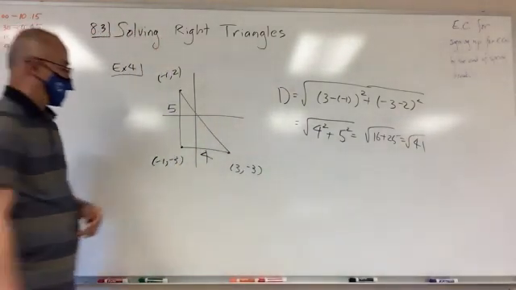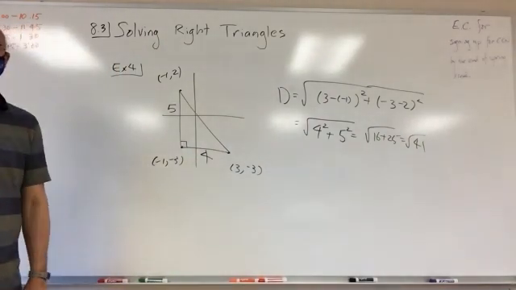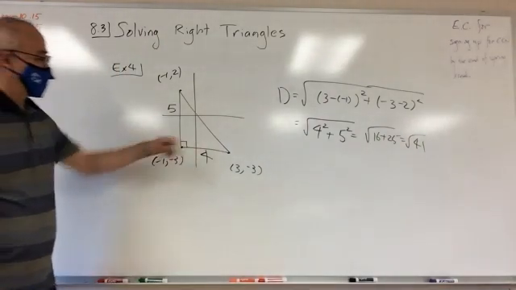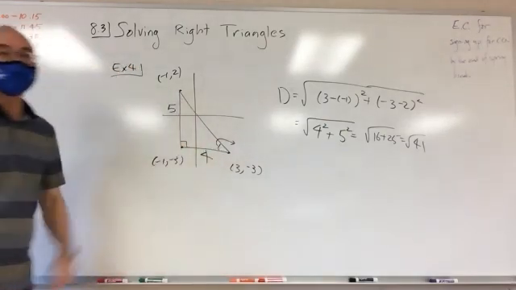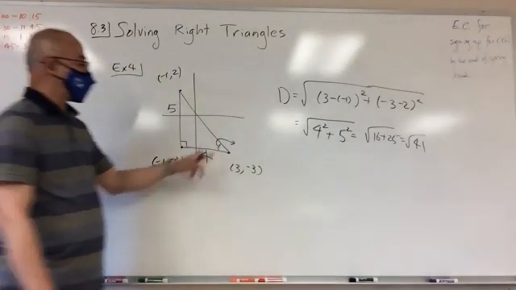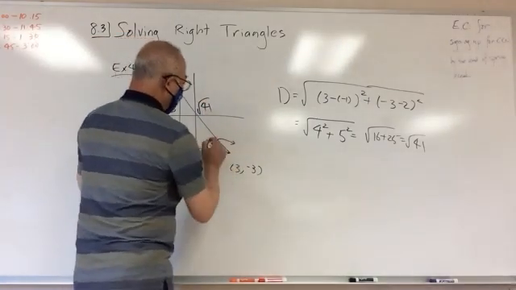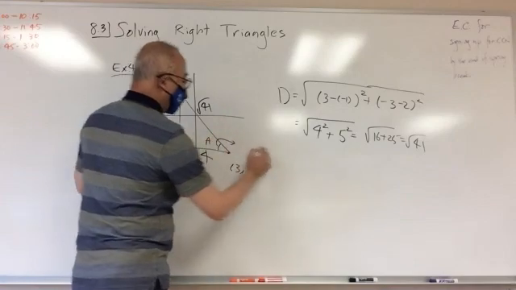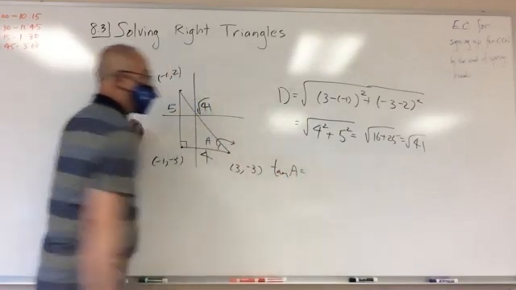Okay. This is 90 degrees, right? So I just need to find this guy. I just need to find one of these and I can find the other one, right? So this is the square root of 41. If we call this A, tangent A is equal to what?